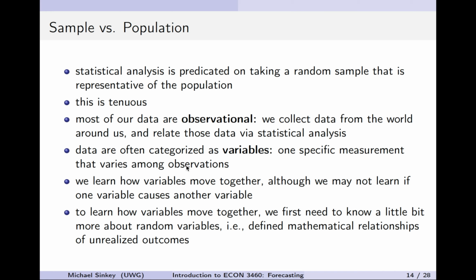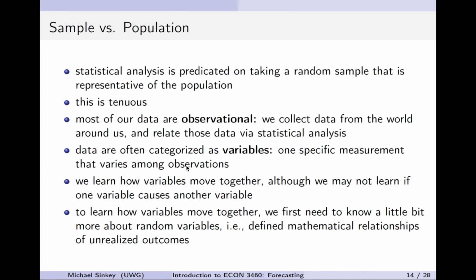I want to first start by thinking of what is a sample compared to the population. So when you do statistical analysis, the whole point is that I don't know a population parameter of interest. Rather, what I do is I sample.